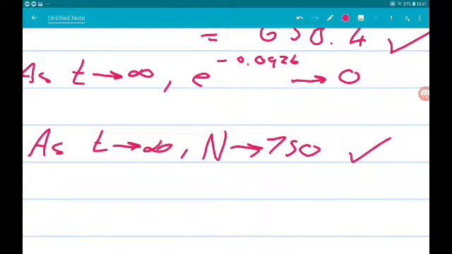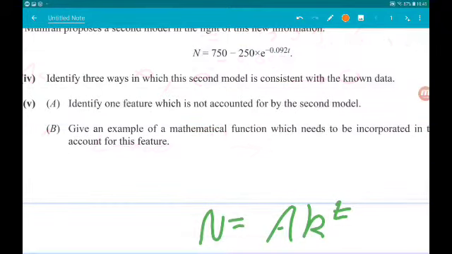Cool. Okay, 5 part A wants us to identify one feature not accounted for by the second model. So we've just said that the e term tends to 0 as t tends to infinity.